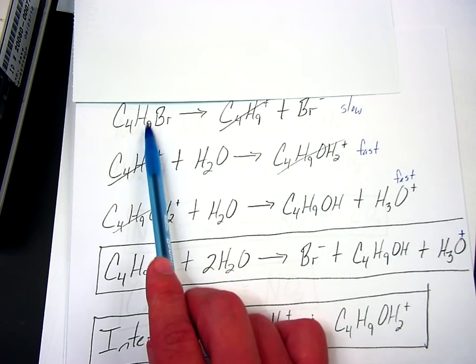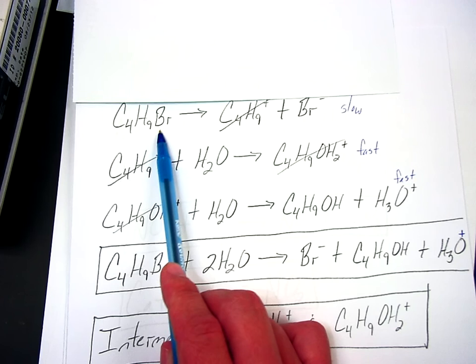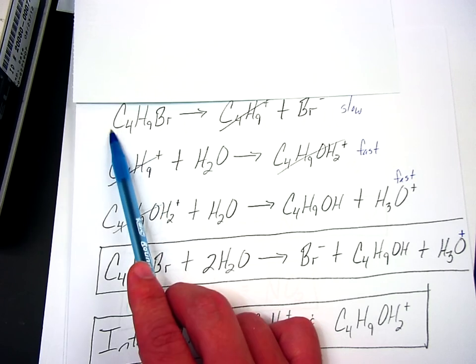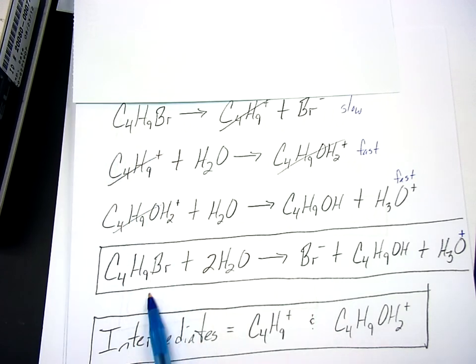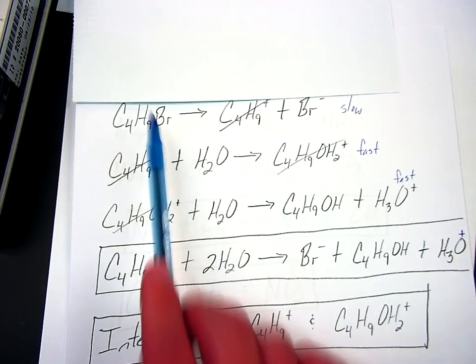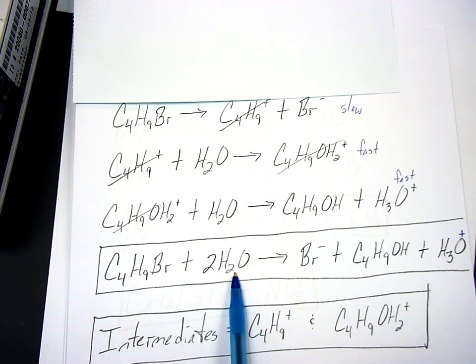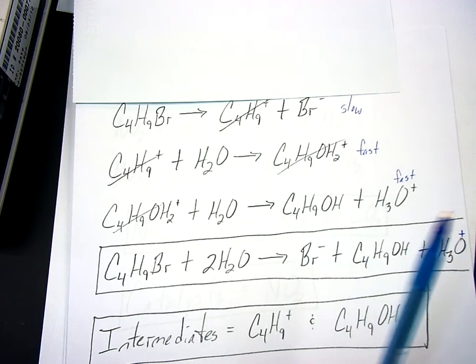The items in the slow step that I am including will have an order, the exponent, equal to their own coefficient. If there's any reactants being pulled from the overall equation that are not in the slow step, I'll give that guy an order of 0. The idea being that he is not rate determining because he's not in the slow step.